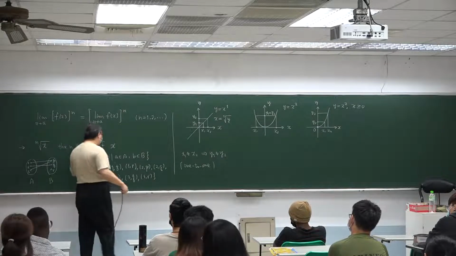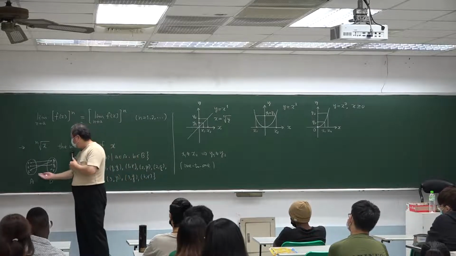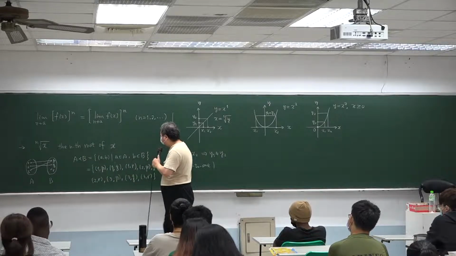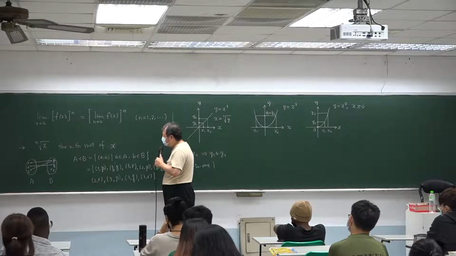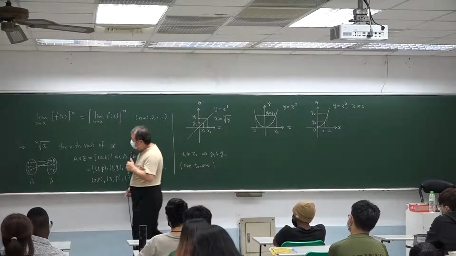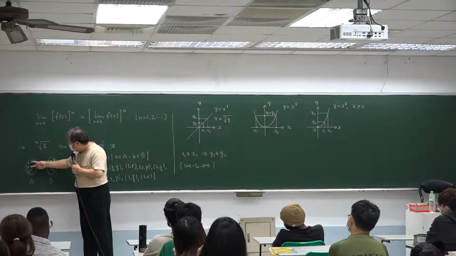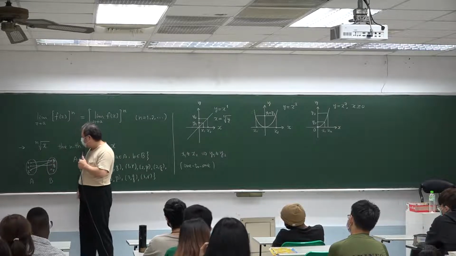Then this is a relation between A and B, and this relation has a property that if these 2 members are the same, then this is also the same.